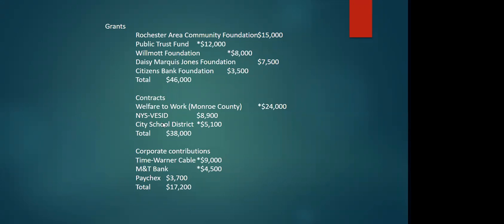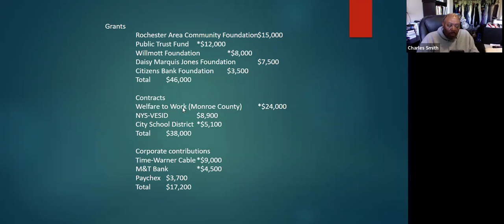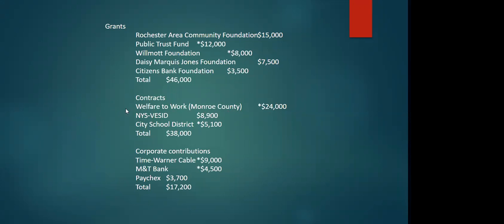Okay, so let's talk about this middle section on how they bring in money. Apparently, they have services that they provide for welfare to work. It could be soft skills, employment training, or whatever the case might be. Now, some of your budget should be coming from contracts. For example, when you're dealing with the schools, it would be like Hillsborough County public schools, and whatever they're paying you to do something. Another might be from the Department of Social Services.